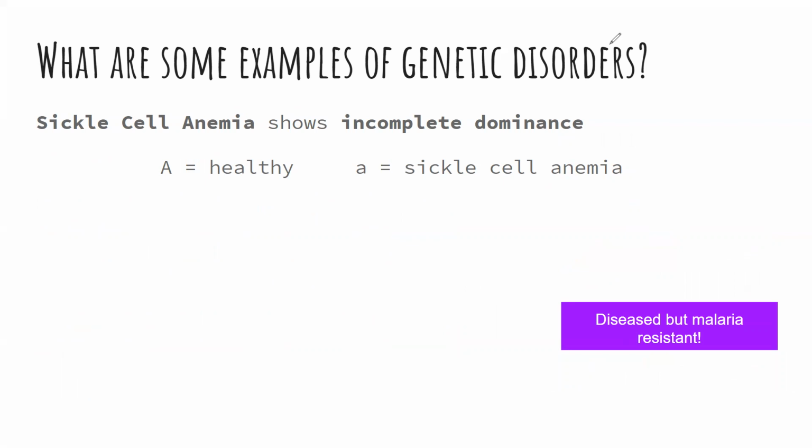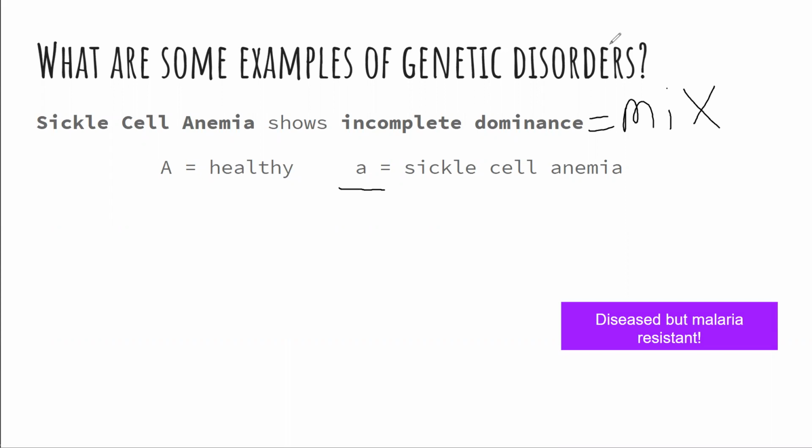Remember what incomplete dominance was? Incomplete dominance causes a mix. Okay? And since it's an autosomal recessive disorder, it's caused by a recessive allele. Remember, recessive alleles are denoted by lowercase letters.